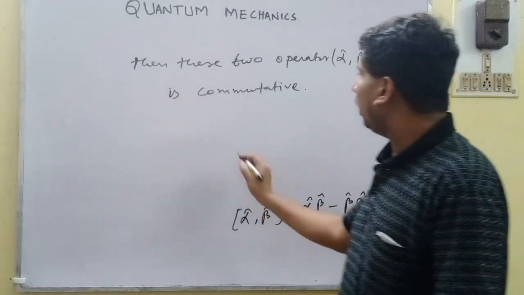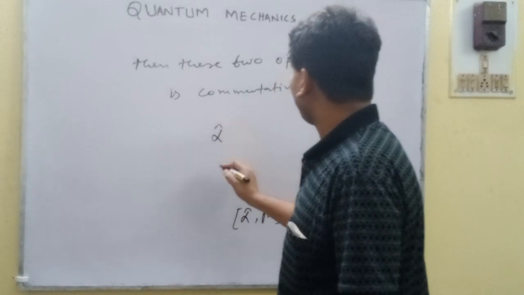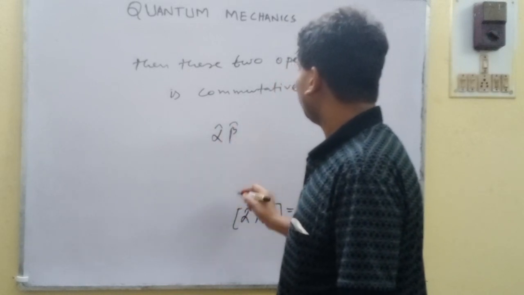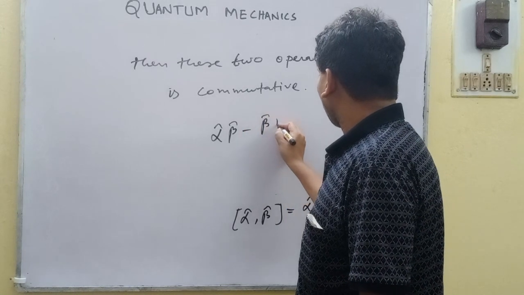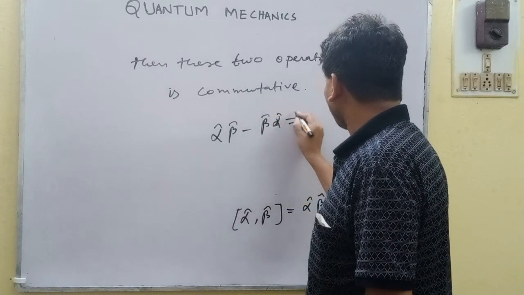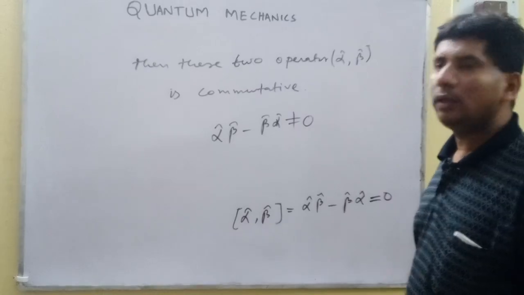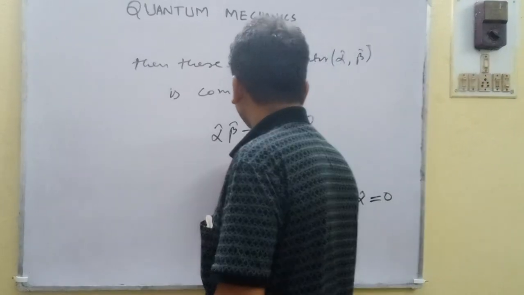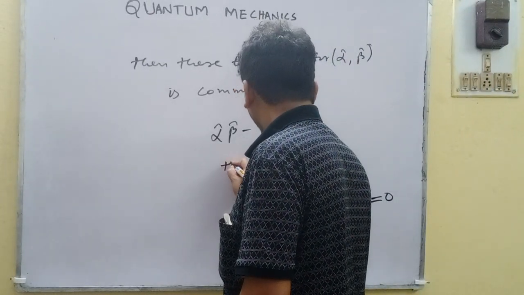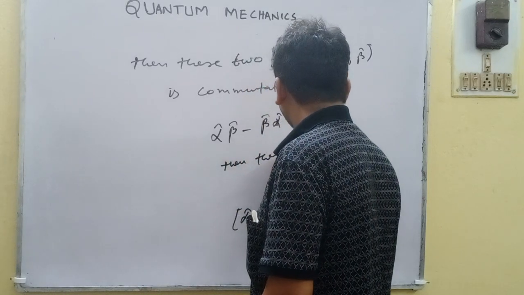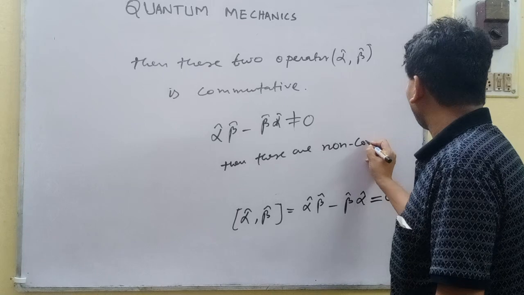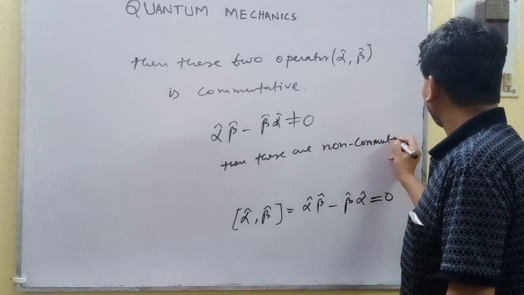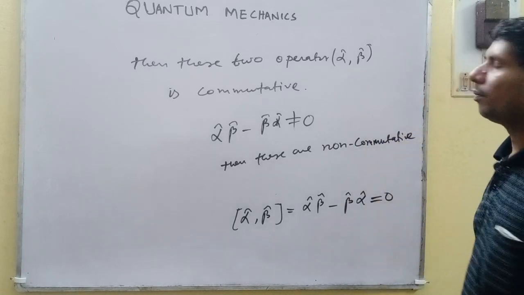And if alpha operator beta operator minus beta operator alpha operator is not equal to 0, then it is a non-commutative operator, then these are non-commutative. Okay.